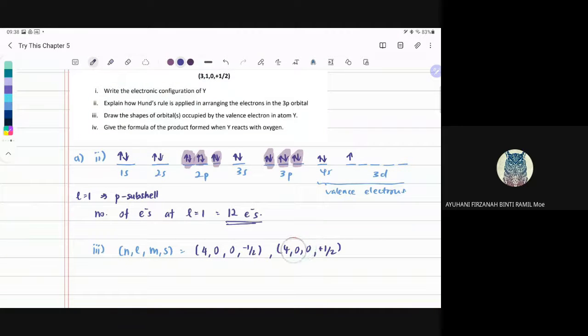So 4, 0, 0, orbital yang sama. Negative half, positive half because satu atas, satu bawah. Now, satu lagi adalah 4, satu lagi adalah 3, okay, orbital D, subshell D, D adalah 2.